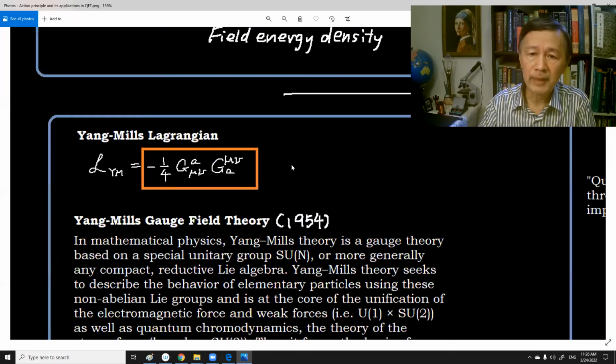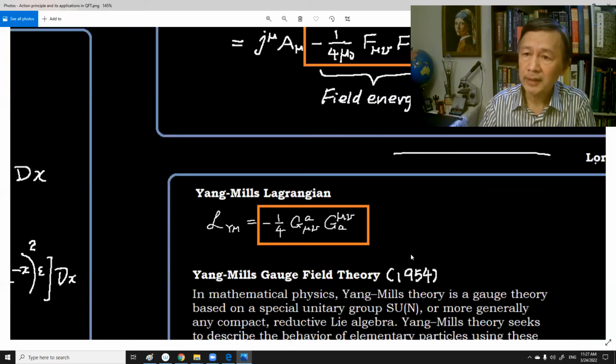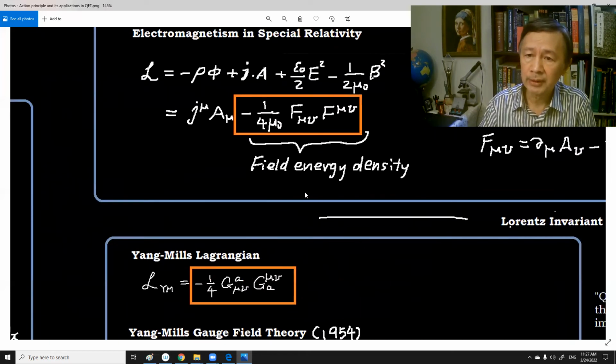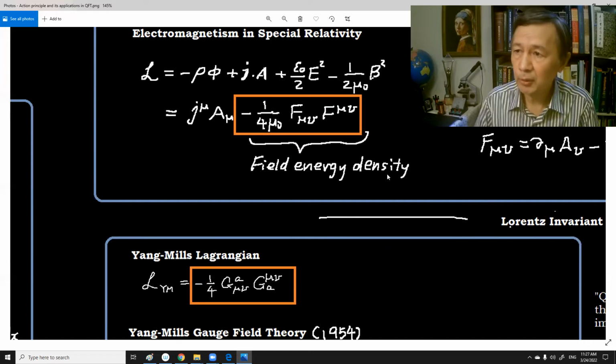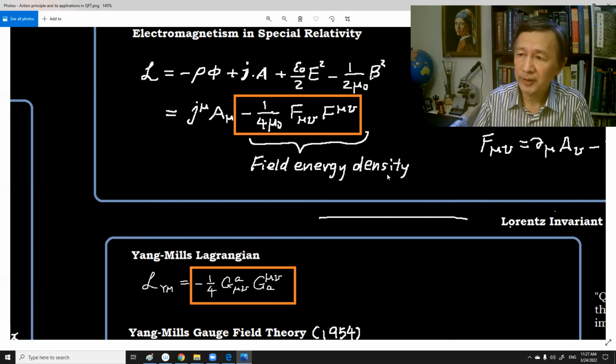Actually, from this mathematical form, you can see the Lagrangian for Yang-Mills is identical to the field energy density appearing in the Lagrangian for Maxwell's equations, the classical field theory of the electromagnetic field.